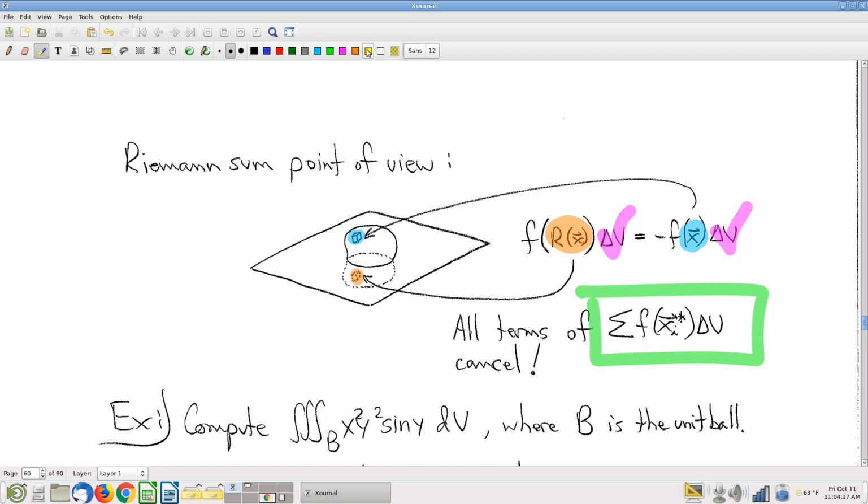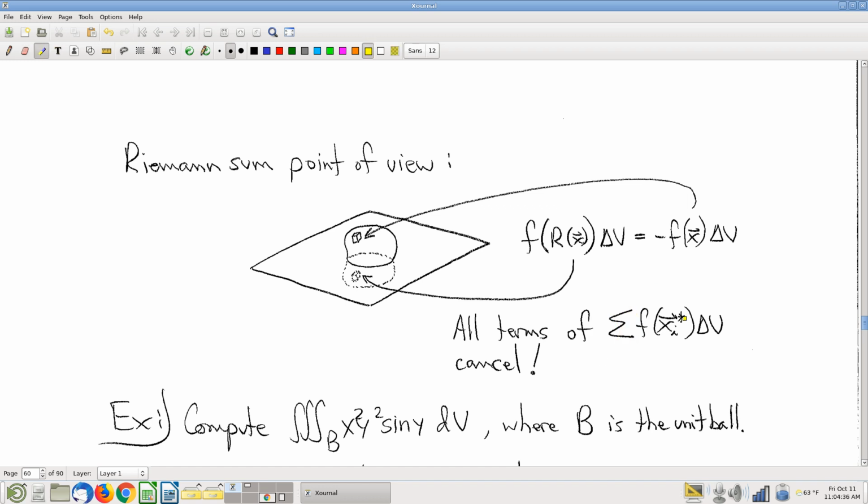If the value of the function is the negative of the other value of the function, then these 2 terms cancel in the summation. And everything cancels and you just get 0 in the Riemann sum. Morally equivalent reason. Okay. All right.